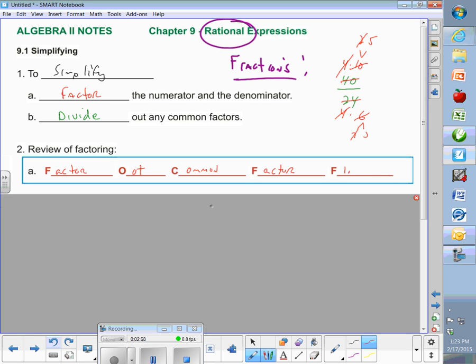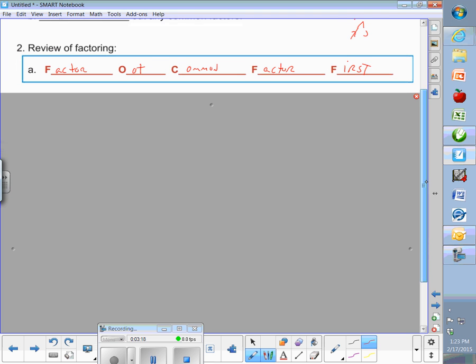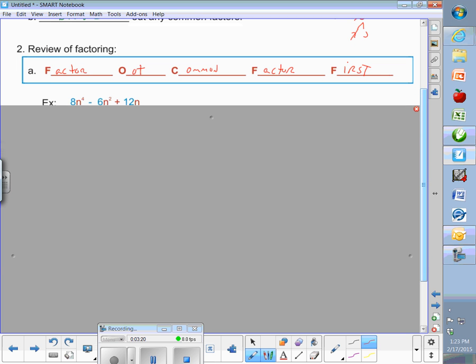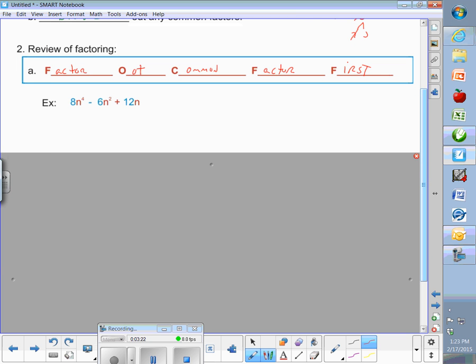Why do students forget? Because not everything that you factor has common factors. However, when it does, you must get them out first. Very, very important. Let's do some more review of factoring.